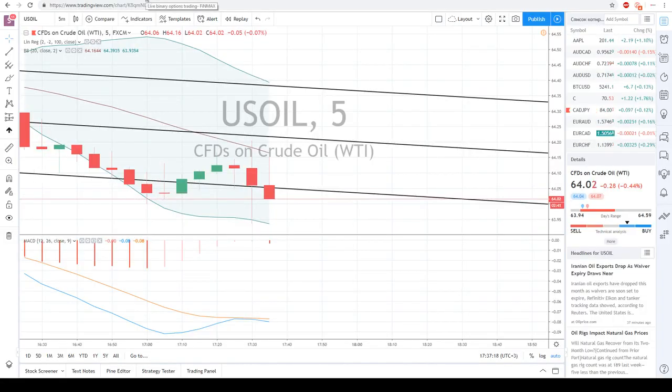Despite the result of the actual report, we see that the volatility is trying to take over, as we saw from this candle.